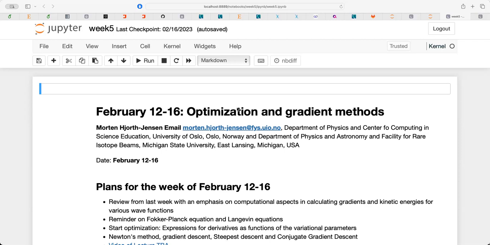So the optimization part is an essential element of making the code more efficient, where we sample around the variational minimum instead of placing ourselves randomly in the space of variational parameters and then, in a brute force way, sampling a whole set of them with a full-fledged Monte Carlo simulation.